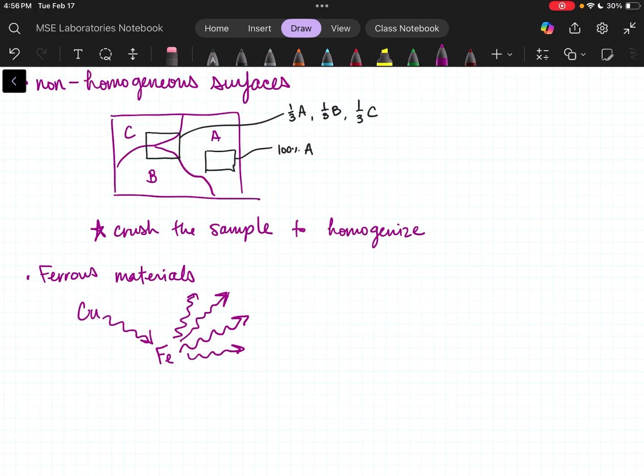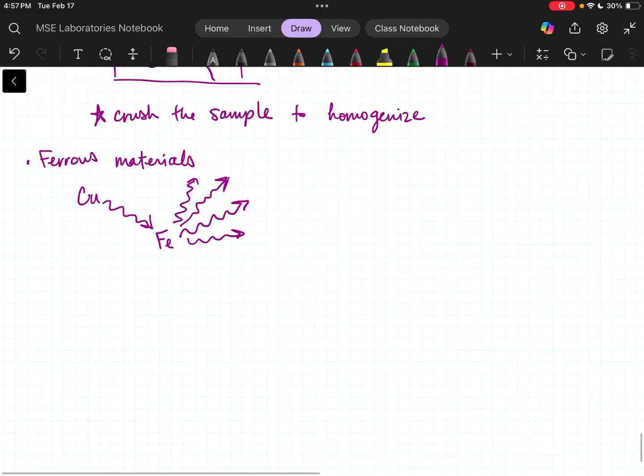It absorbs and then re-emits. And the problem is it's going to re-emit at every angle. There is no uniformity. There's no diffraction happening anymore, right? Because diffraction was a reliable input angle, output angle thing we can figure out. And that iron is just going to spit its own X-rays everywhere.